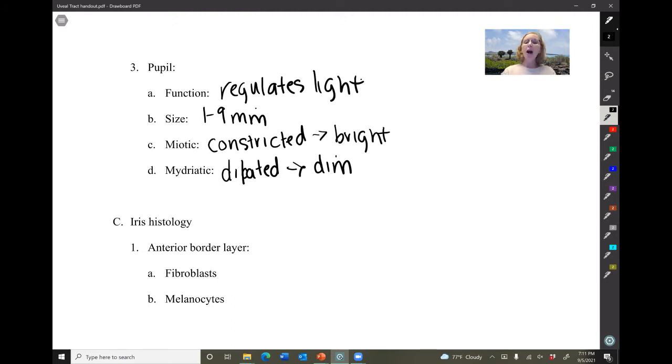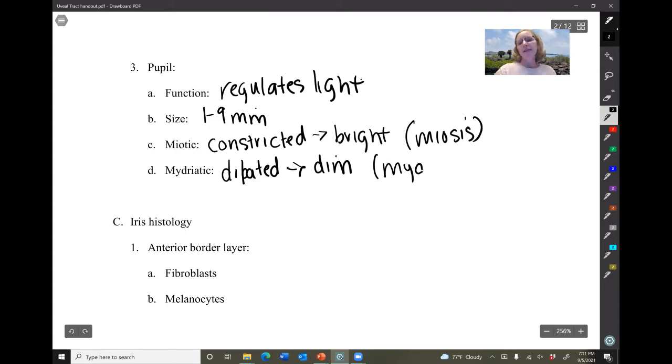Okay, so a miotic pupil, or miosis, is a small pupil, and a mydriatic pupil, or mydriasis, is a dilated pupil. And you'll hear both of those terms very frequently, so you should be familiar with those.